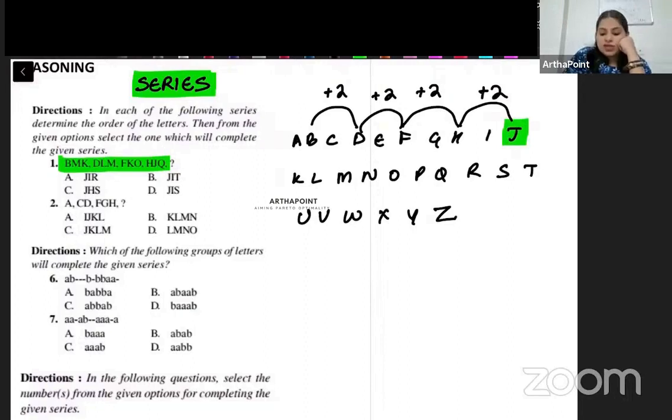Then beta, you have to see that when I am going from M to L, I am doing -1. देखो M से L जा रहे हो, right? So you're doing -1.